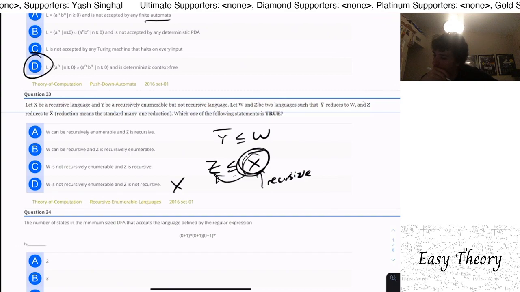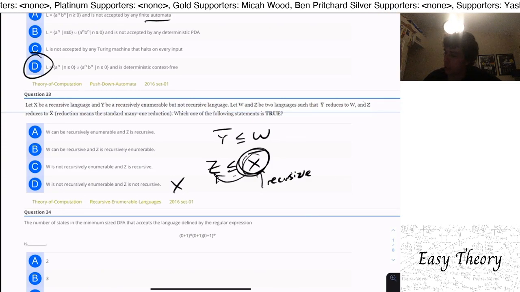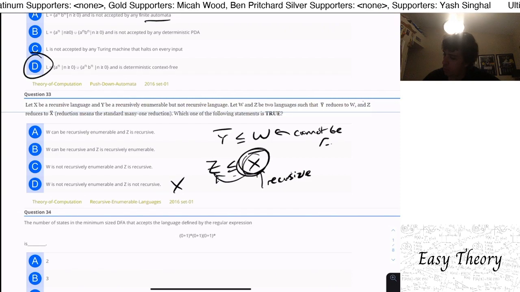So Y bar must be not recursively enumerable, because of closure under complement. Y bar reduces to W. W cannot be recursively enumerable.